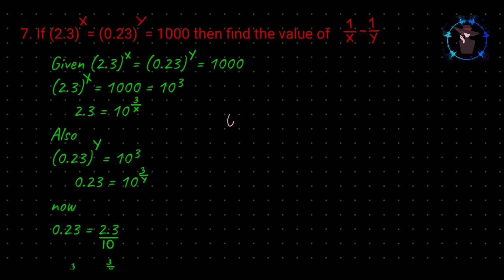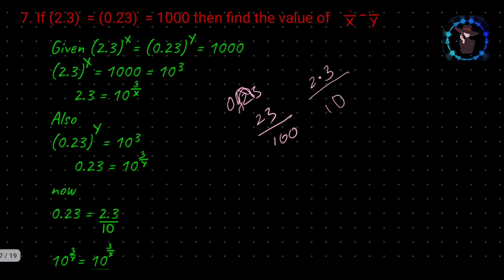If it is 0.23 and we remove this point, it could be 23 by 100, but we are placing this point here as 2.3, so only one number goes forward because we are adding 1 zero. So we are taking 0.23 as 2.3 by 10.